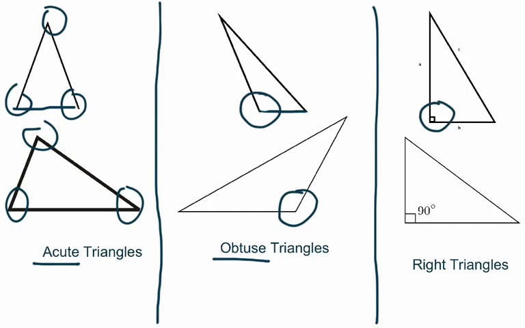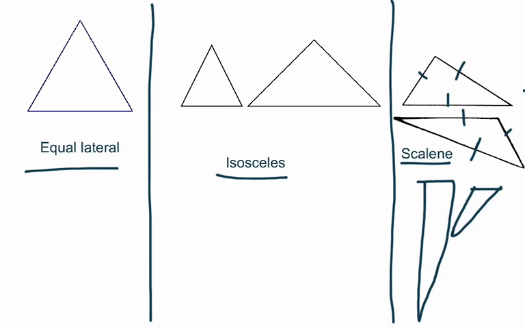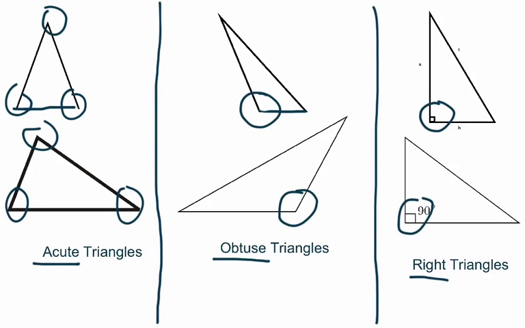And if there's one angle that's right, it's a right triangle. Alright, so again, those are two ways to classify triangles. By their sides, like on this page, we classify them by their sides and their lengths. And this one is how big or small their angles are. They're either acute, obtuse, or right triangles.